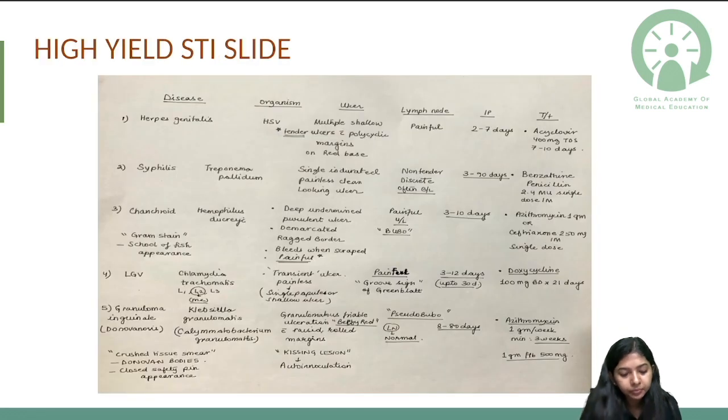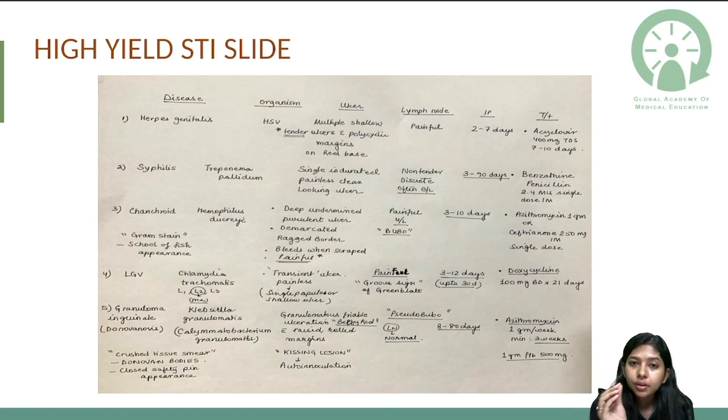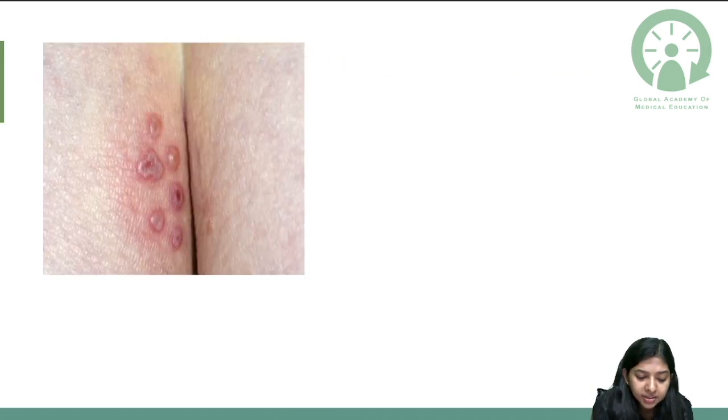Okay. Now this is a very high yield STI slide mentioning all the diseases, the causative organisms, what are the characteristics of ulcer and lymph node, the incubation period and the treatment. So I'll quickly just go through this slide with you guys. So herpes genitalis, how does it present?